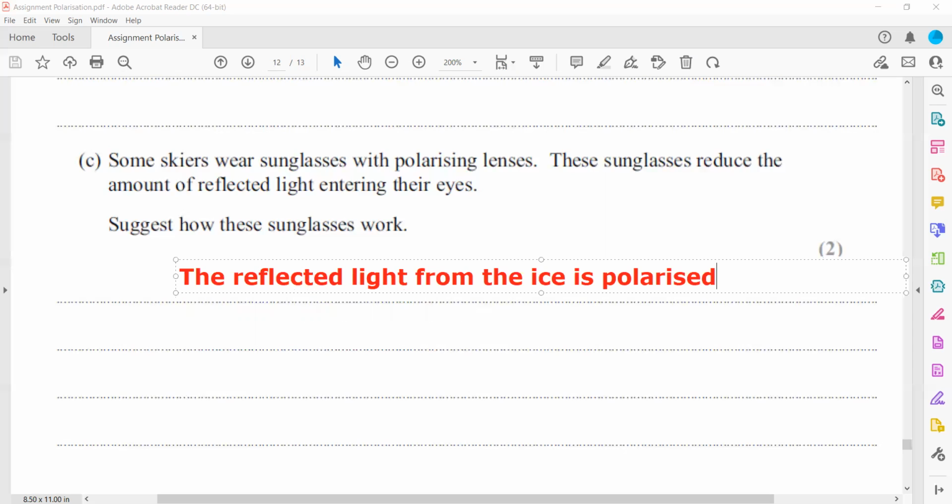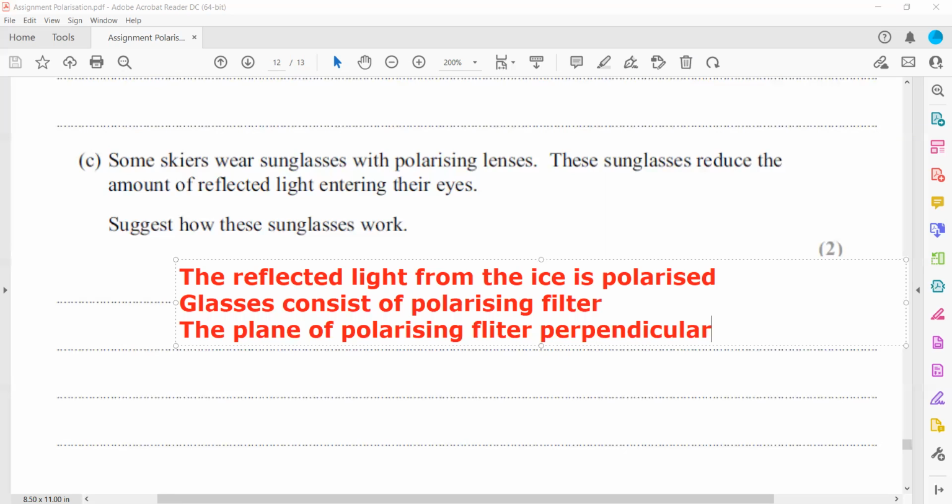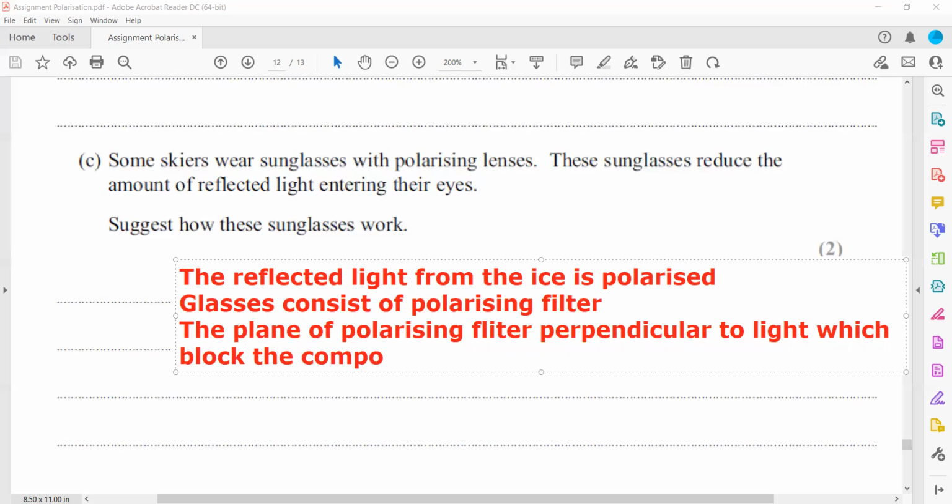The sunglasses consist of a polarizing filter, and as a result, the plane of the polarizing filter is perpendicular to the light, which blocks the component.